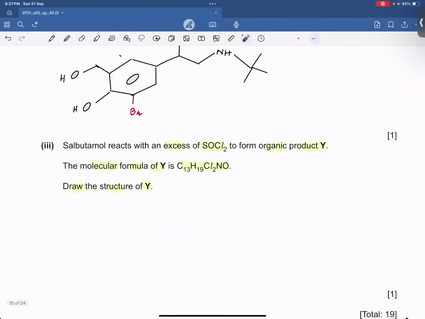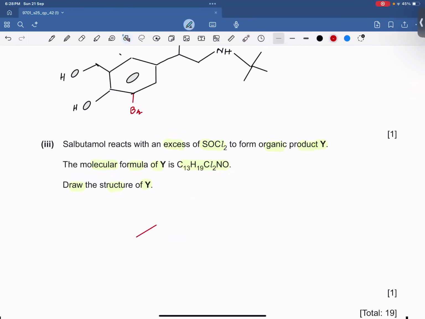Let me write down the whole structure again. Thionyl chloride reacts with alcohol, not with phenol. The phenol functional group will remain as it is. Now this primary alcohol reacts with thionyl chloride, so instead of OH, I'm going to write chlorine here.